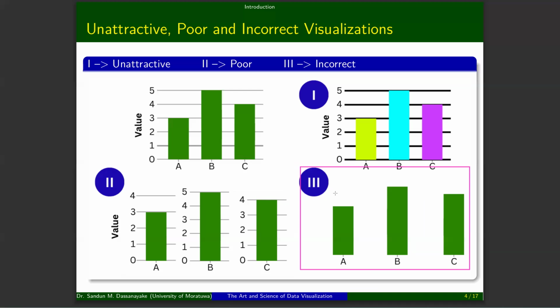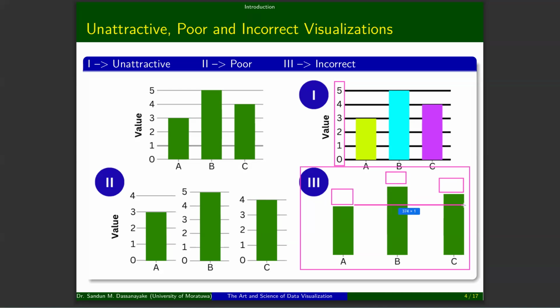So your question is whether, if we put labels on top of this or maybe indicate the value here, is it wrong? Now my question is, even if you indicate values here, since we don't have a proper scaling or coordinate system to refer to, we cannot compare this, right? That is the problem.